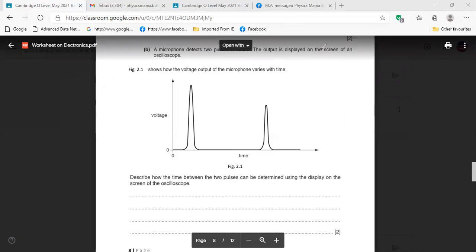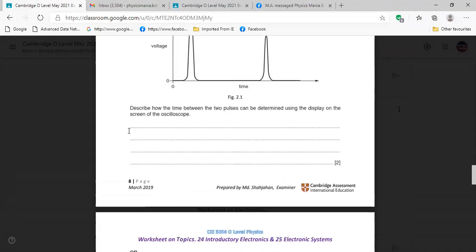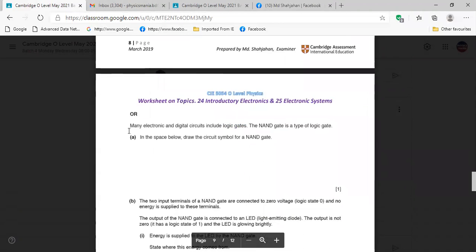The example given and the two points given are matching, right? Yes, sir. So we have to find how many divisions between two peaks of the signal, and then multiply with the time base to get the time between these two pulses, okay? Yes, sir. Is it clear? Yes, sir. Then these two answers are done.